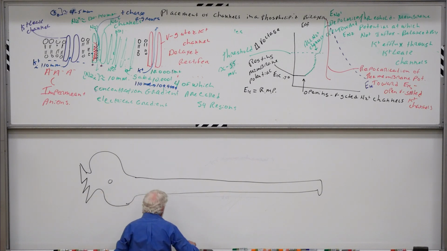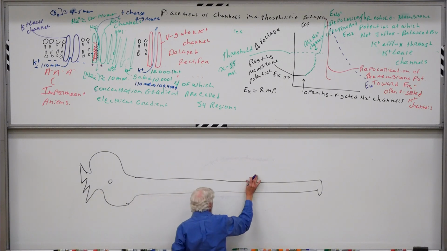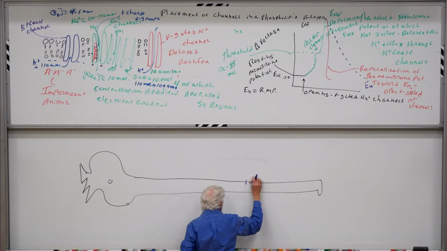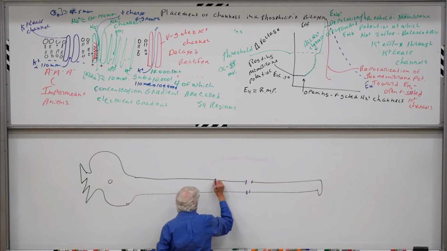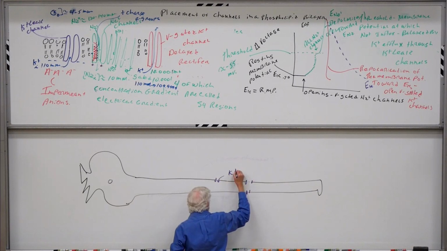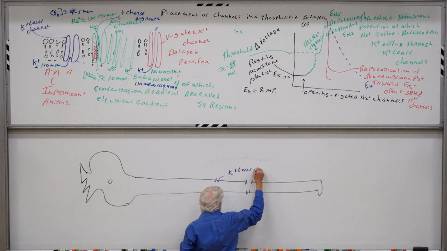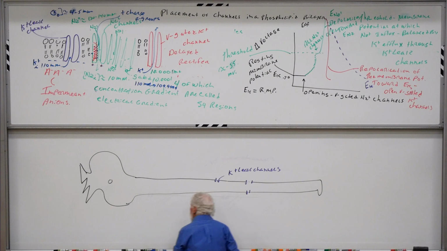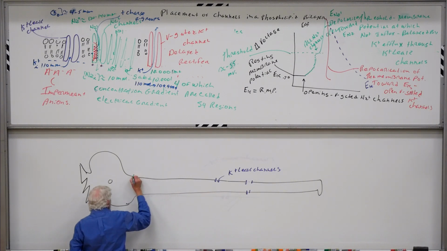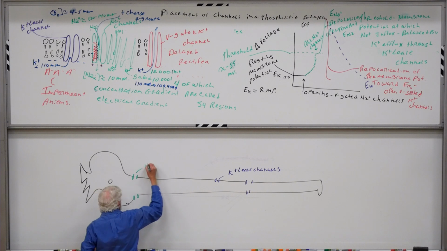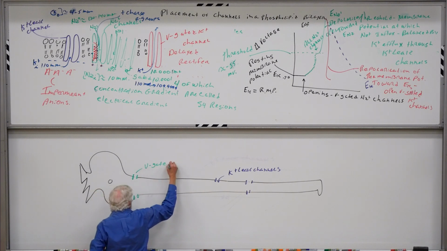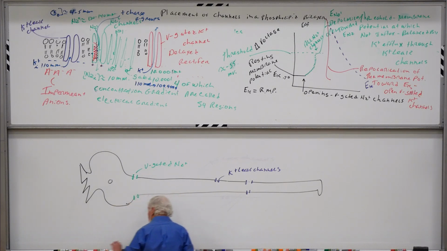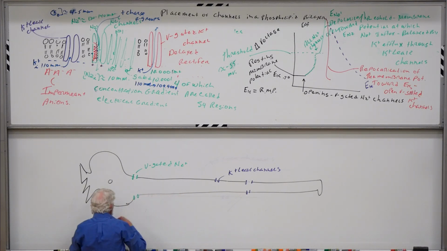Now, in this thought experiment, all along the axon, we're going to put in these potassium leak channels. And we're going to cluster the voltage-gated sodium channels and their counterparts, the voltage-gated potassium channels.